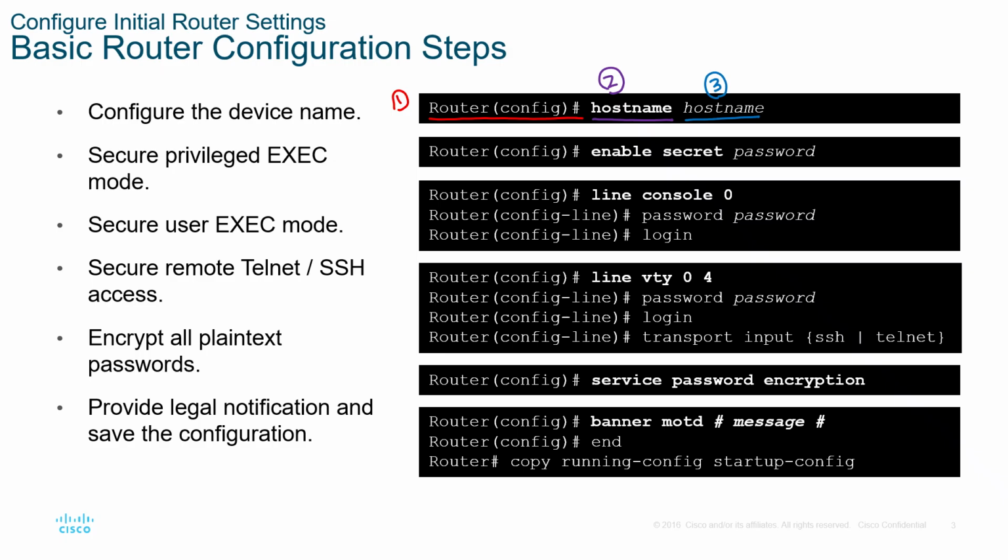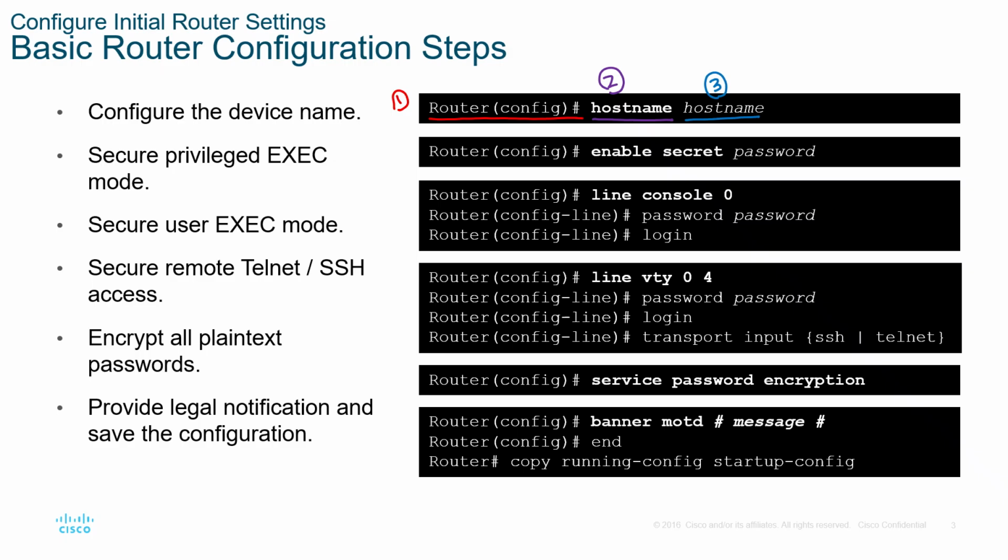Of course, we did that by typing in the enable password. Excuse me, the enable word, not password. So, securing your privilege exec mode means to secure somebody from just typing in the word enable and getting into your device. So, enable secret is the command here. Okay, password is what you choose to give it.